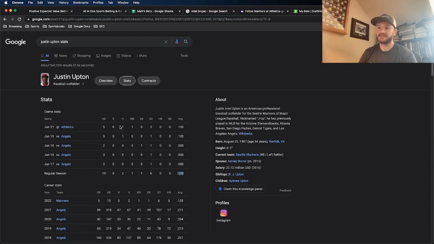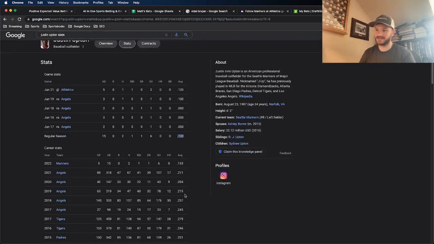Now this one, he did get 2 hits in 2 games in a row, so it kind of goes against my previous one, but he's only batting .133, and he went hitless prior to that. He's only 5 for 15 on the year. Granted, 2 of those 5 came in the last 2 games, but I'm willing to bet that specifically is a mirage, and he hasn't been a good hitter for a long time, as you can tell by his average. I mean, he hasn't averaged above .250 since 2019.